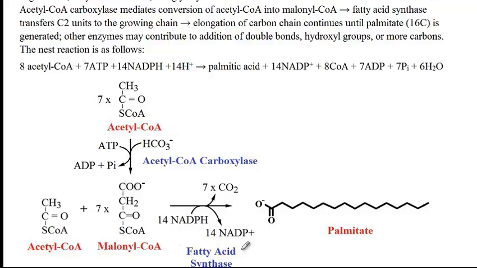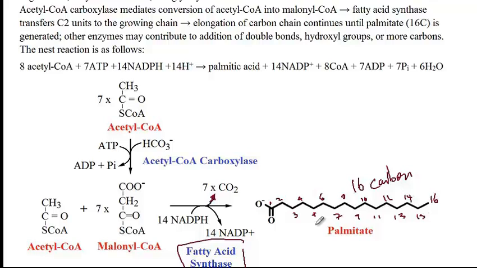And then the next enzyme is the fatty acid synthase, which combines 7 malonyl coenzyme A with an acetyl coenzyme A, releasing 7 CO2 in this process to form palmitate, which is a 16-carbon molecule. So let's make sure I got it right: 1, 2, 3, 4, 5, 6, 7, 8, 9, 10, 11, 12, 13, 14, 15, and 16.